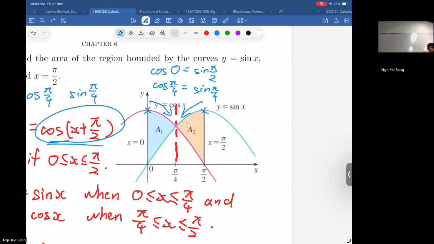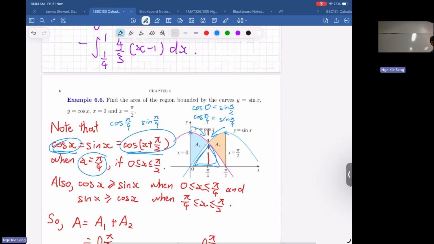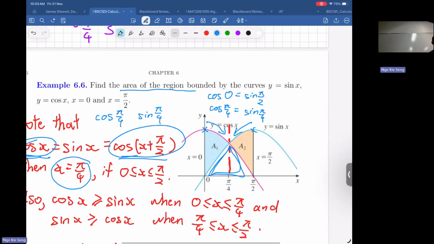Yes. It's not the triangle, because sometimes it can be like, you mean this triangle here? So you need to read the question, right? This is the area of a region bounded by two curves with x equals 0 and then pi over 2. So you have two curves, you have these three.